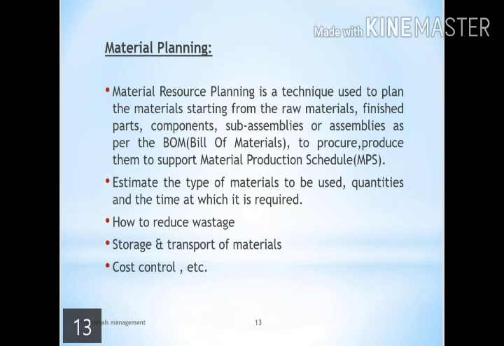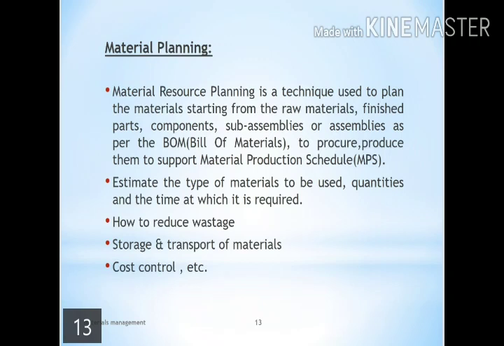So the first function is material resource planning. Material resource planning is a technique that is used to plan the materials starting from the raw materials, finished parts, components, sub-assemblies or assemblies as per the bill of materials to procure or produce them to support the material production schedule.